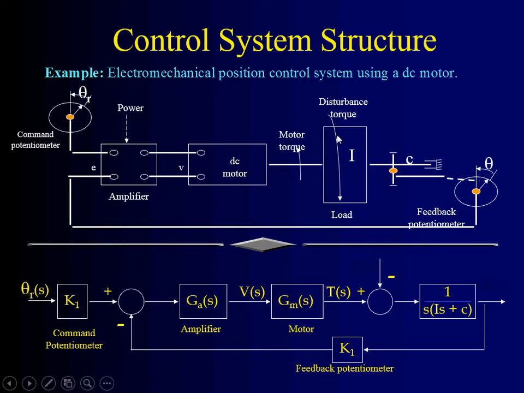This plant is the transfer function right here. This would be the feedback, which gets compared with the reference, produces an error, and goes through this amplifier, and then that goes to this motor, which in fact is the actual control system.